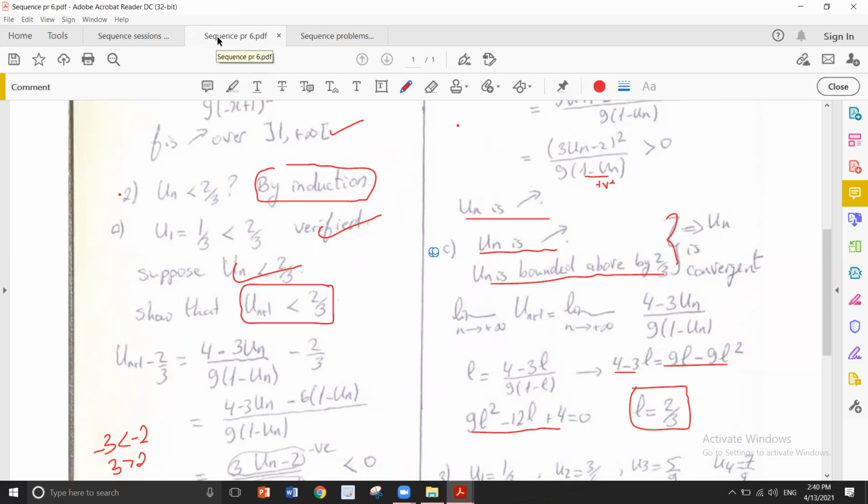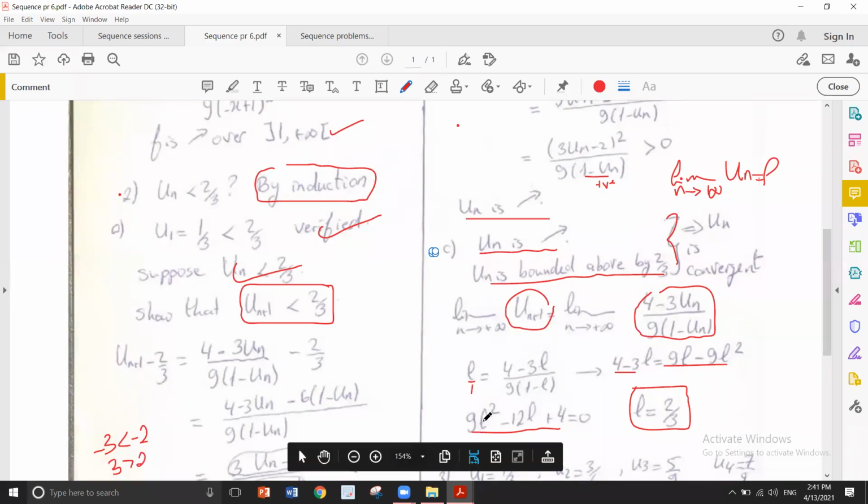Teacher, what are we doing here? We have the relation un plus 1 equals 4 minus 3un over 9 into 1 minus un, which is given. I put a limit before this and a limit before that. Since it is convergent, it means the limit as n tends to plus infinity of un equals L, so un plus 1 also tends to L. L equals 4 minus 3L over 9 into 1 minus L. Cross multiplying, we get an equation of the second degree, 9L squared minus 12L plus 4.